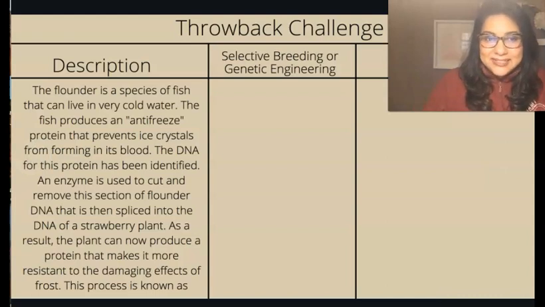The flounder is a species of fish that can live in very cold water. The fish produces an antifreeze protein that prevents ice crystals from forming in its blood. The DNA for this protein has been identified. An enzyme is used to cut and remove this section of the flounder's DNA that is then spliced into the DNA of a strawberry plant.